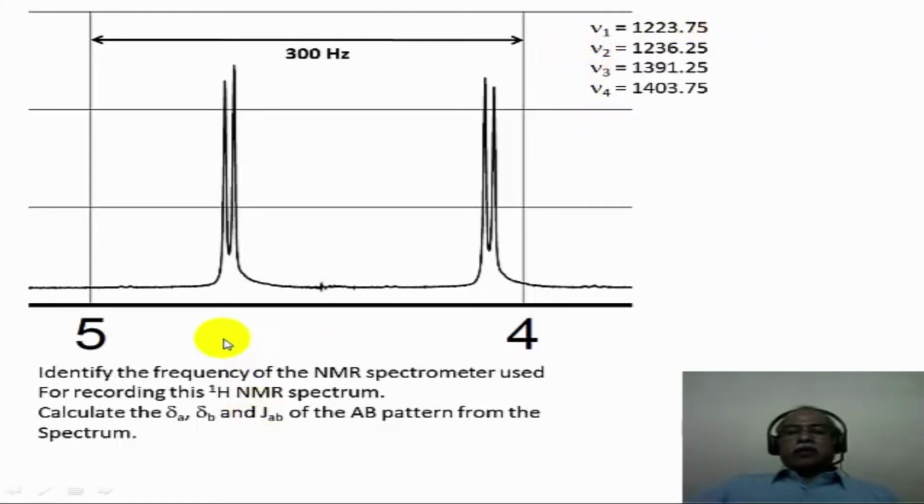That gives you the separation between A and B. If you take half the separation and add it to the center frequency, which is the average of nu 2 and nu 3, let us call this C, the center. C plus half of delta AB corresponds to one frequency, that is delta A, and C minus half of delta AB corresponds to the other frequency, which is delta B.